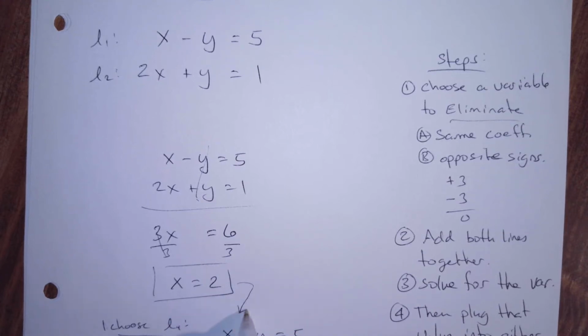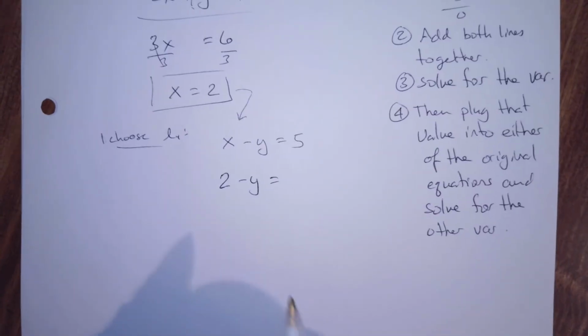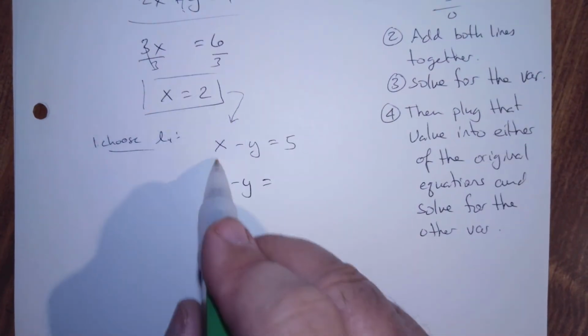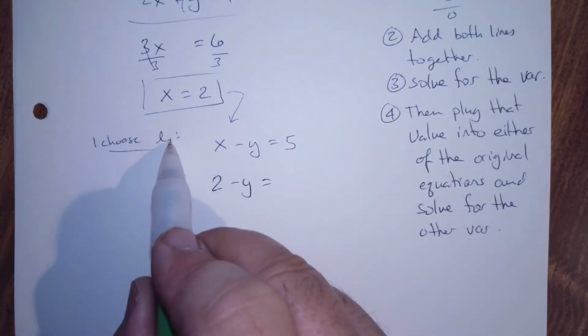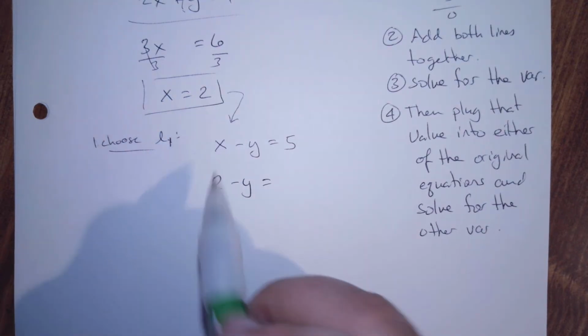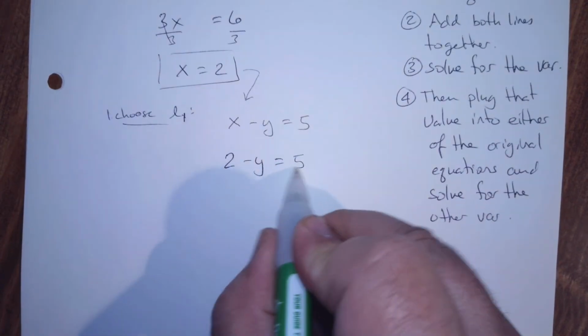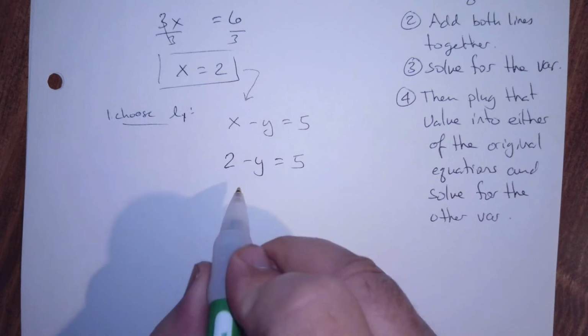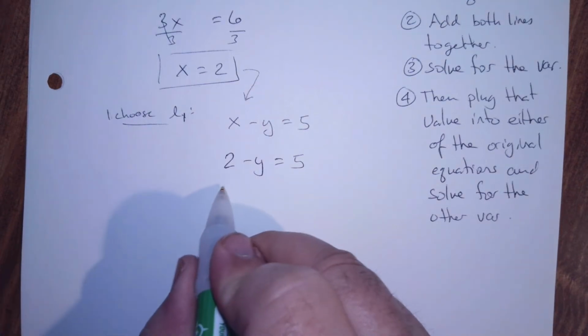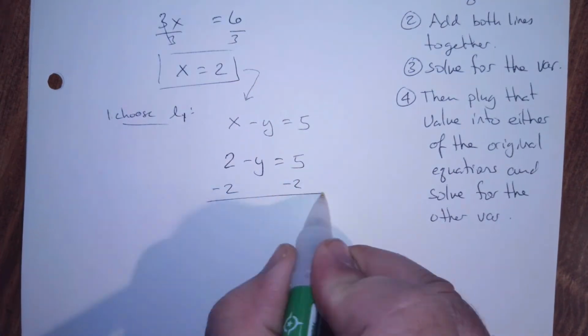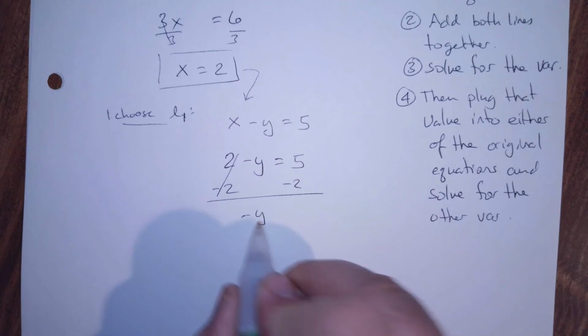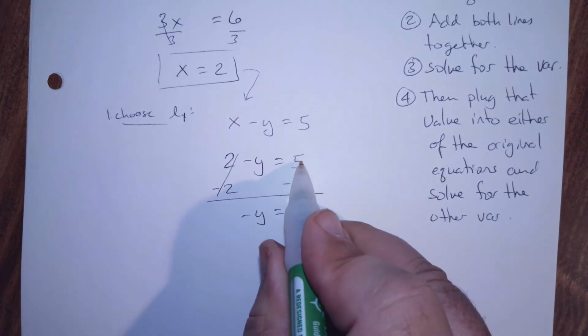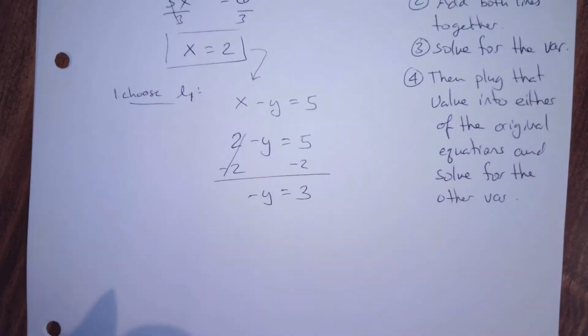I know that x equals 2, so I put that in there and solve for y. Subtract 2, negative y equals 5 minus 2, which is 3.